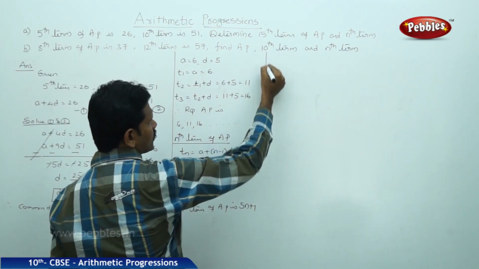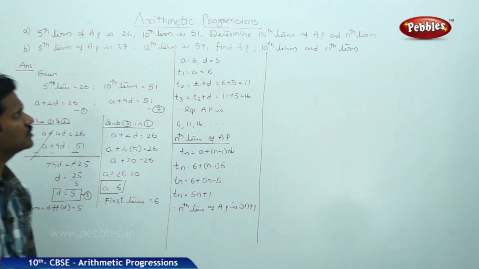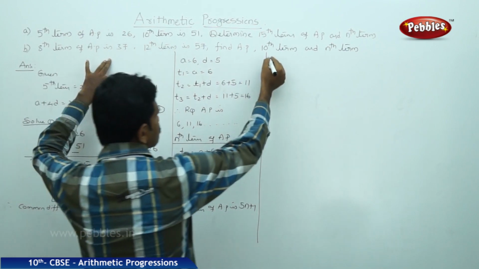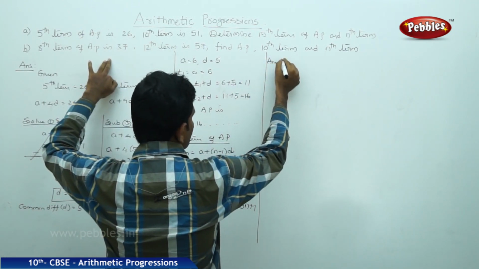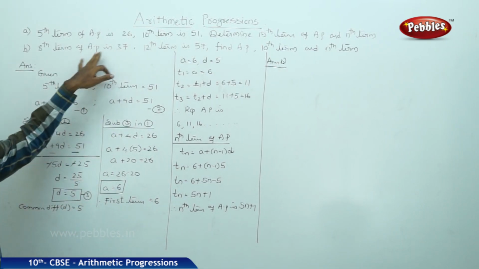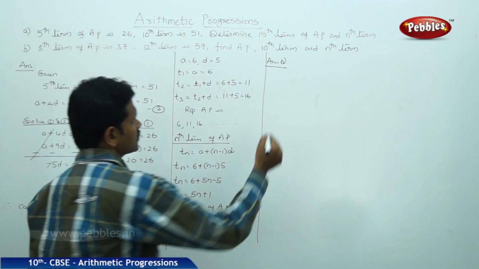Now welcome to the next question. The eighth term of an AP is 37, that is given.